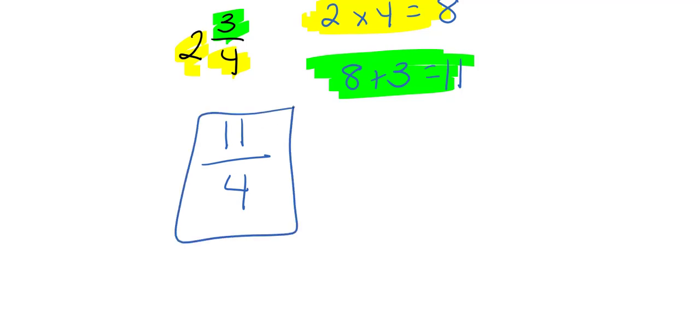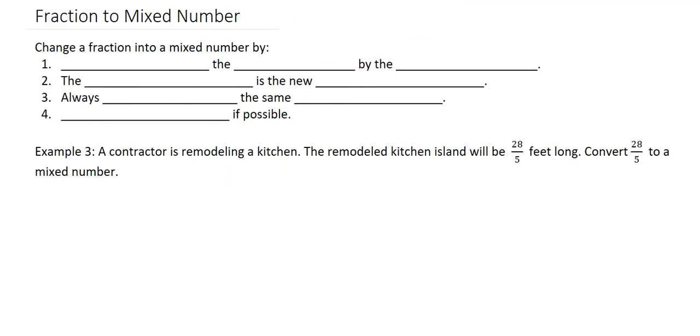Now let's go ahead and look at the next thing, which is fraction to a mixed number. So to change an improper fraction to a mixed number, we do the following. We divide the numerator, the top number, by the denominator.